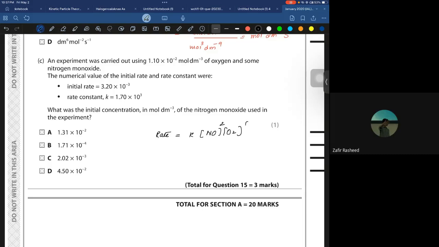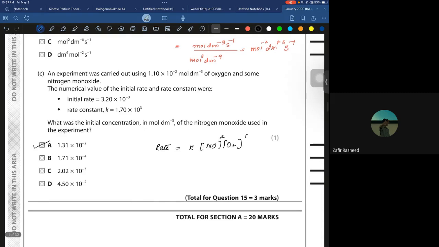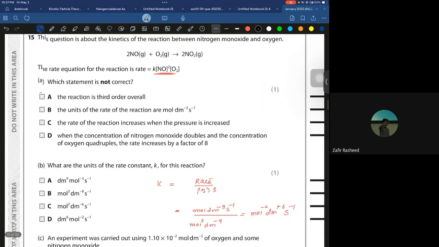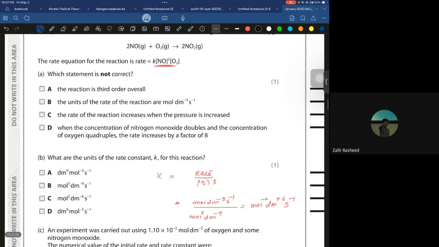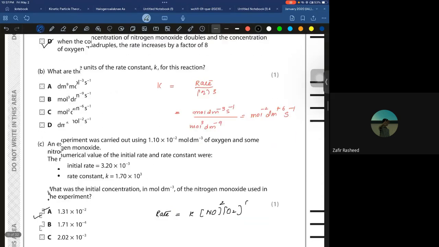What is the answer for part A? Question 15 part A answer. D. Okay.